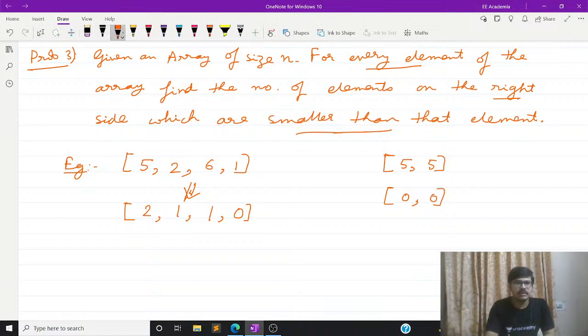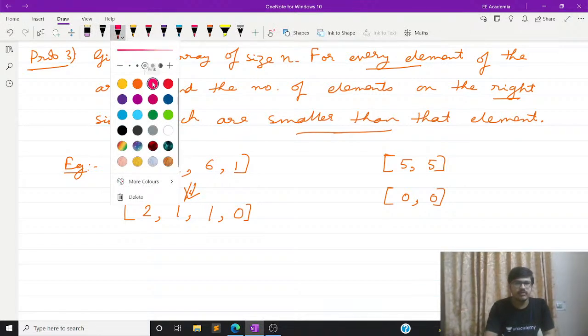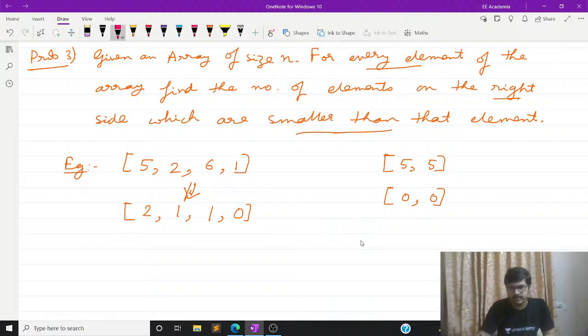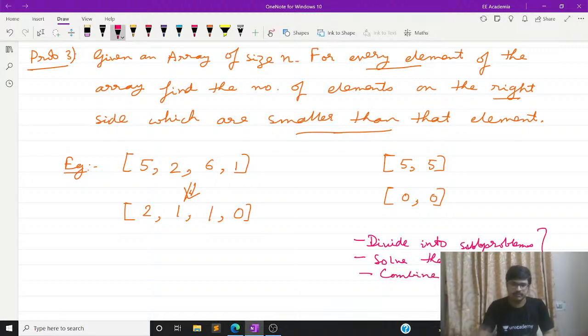Remember the 3 points we saw in divide and conquer: first step, divide into subproblems, solve the subproblems, and then combine. This is the basic funda of the divide and conquer technique. Combine the results.